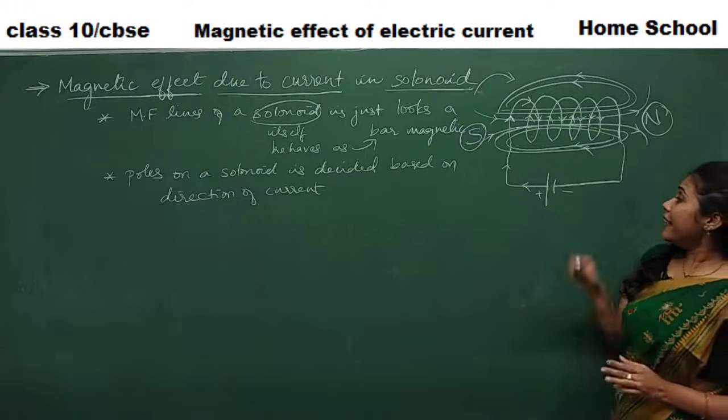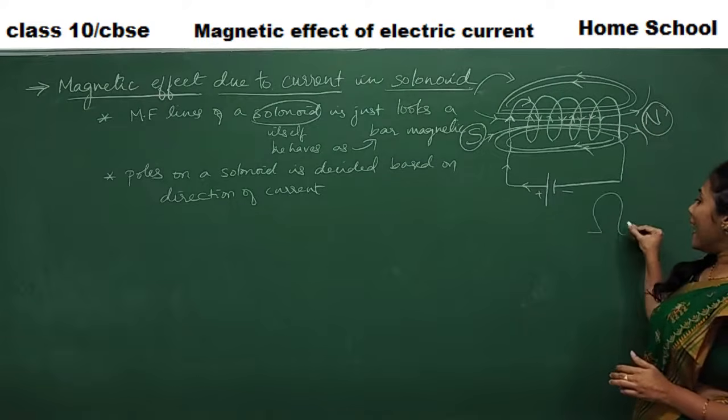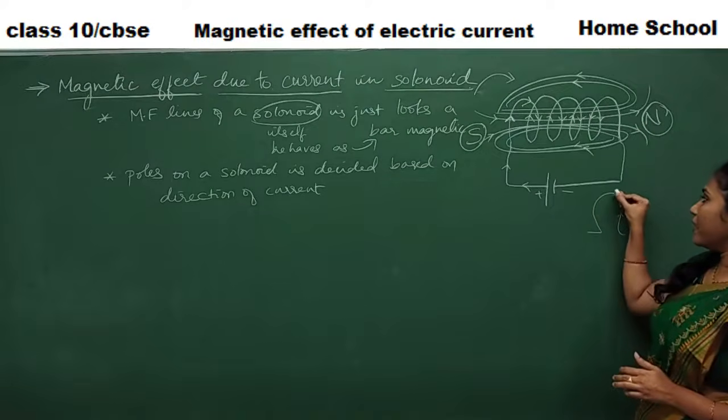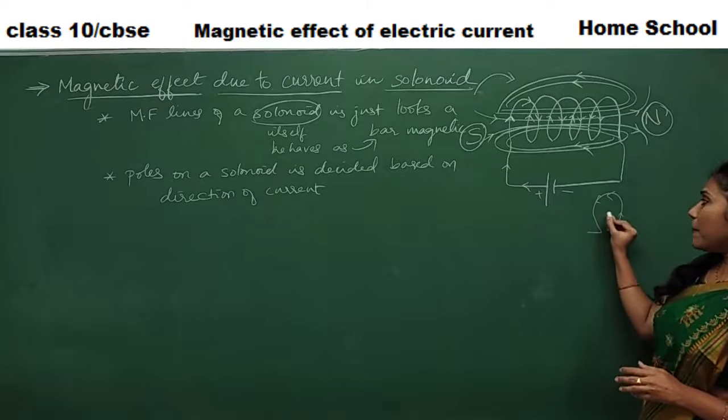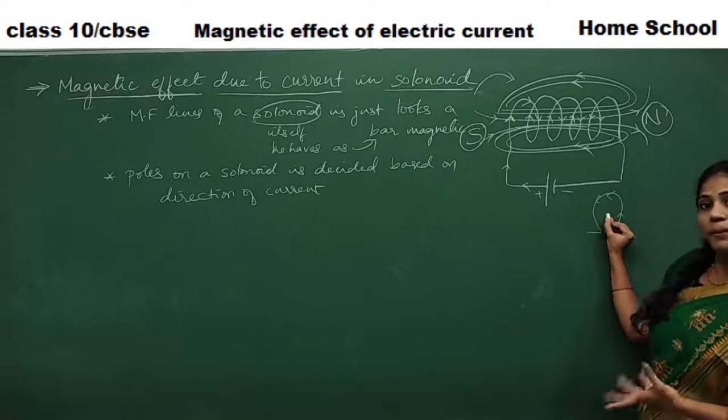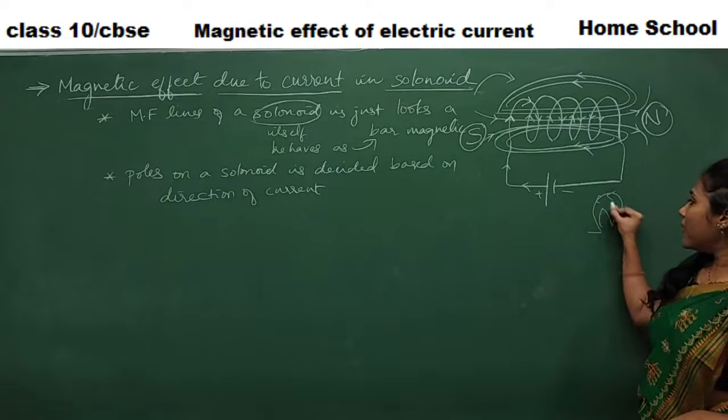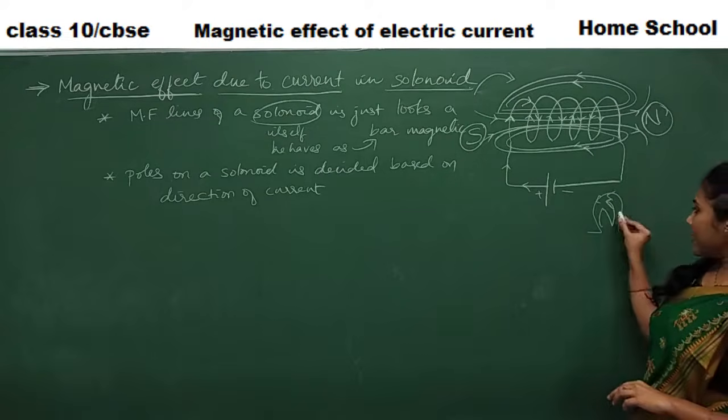Okay, say if a current moves in an anti-clockwise direction, what is the pole that you observe in the face of a loop, that is the center of a loop? You will observe the north pole. Yes or no? This is the shortcut.